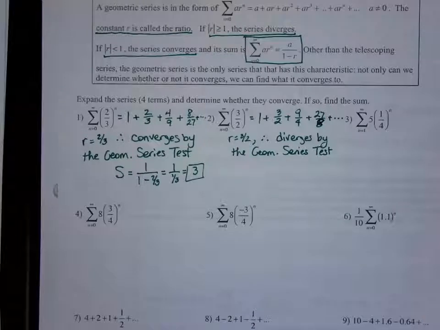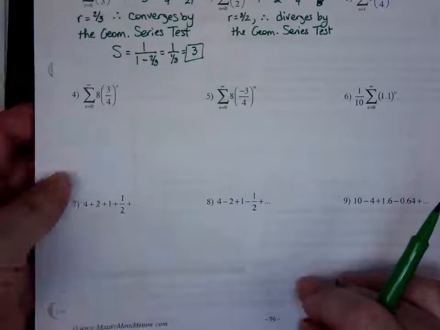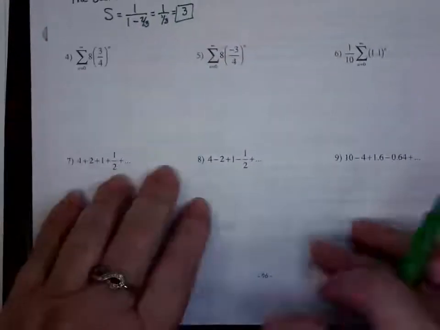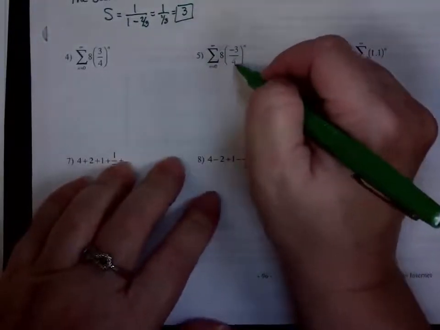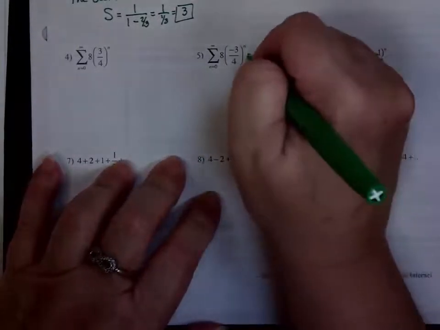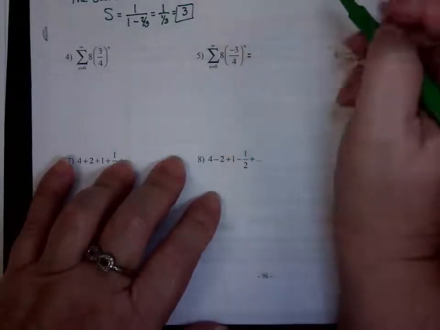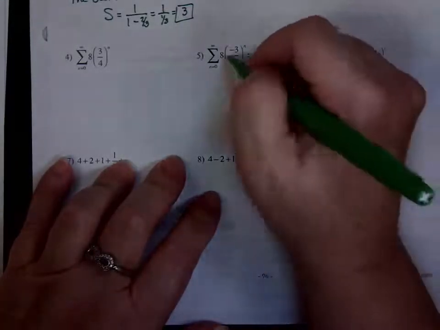Let's go to number 5, however, because number 5 has a negative in it. Let's see what that does. The formula is 8 times -3/4 to the n. So we're going to plug in 0 first. What is 0 going to do to just the fraction part? It's 1. So the first term is 8.